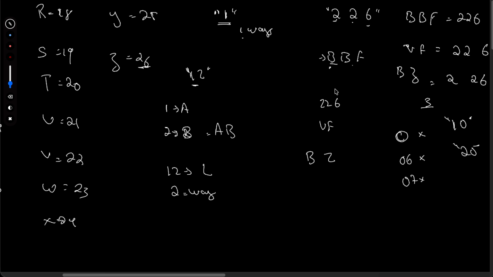So let's take 1212 as the first example, and let's make a tree.